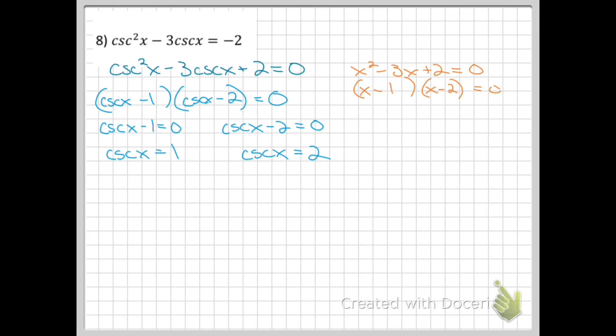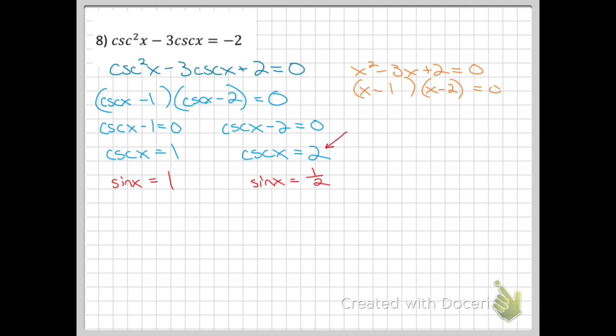I don't like reciprocal trig, so I'm going to change each one to its reciprocal. See if you can change these to their reciprocal trigs correctly. What would that equation say? Cosecant is sine. When I flip 1 over, though, I still have 1. Cosecant is sine, and when I flip 2 over, I have 1/2.